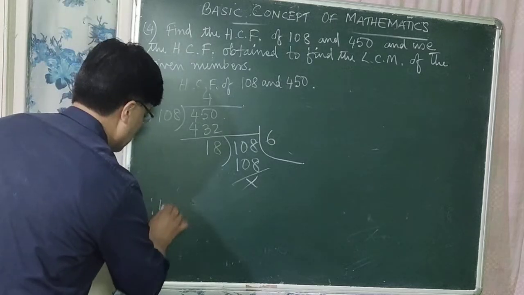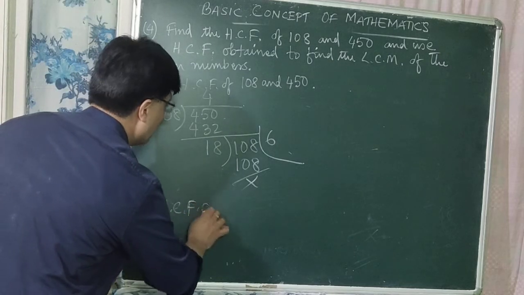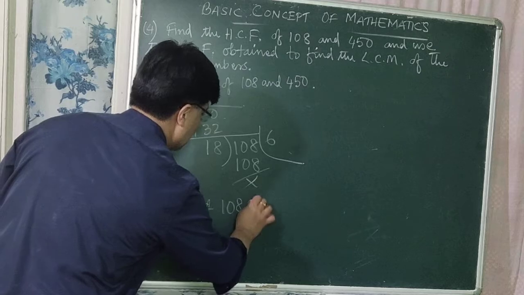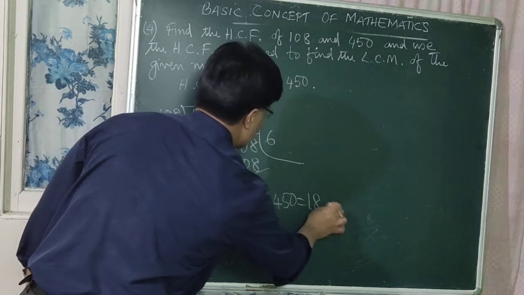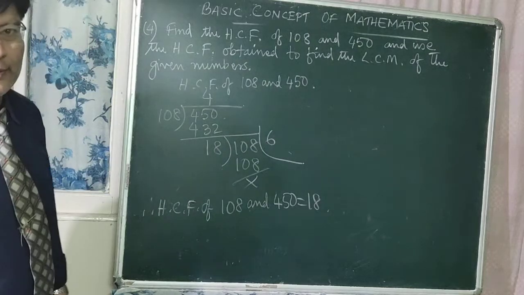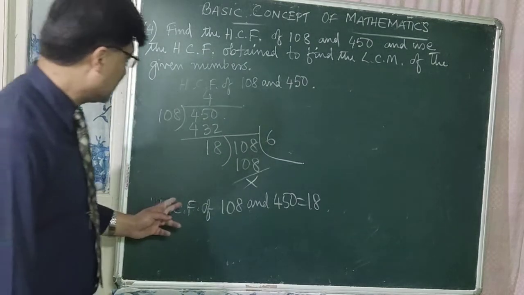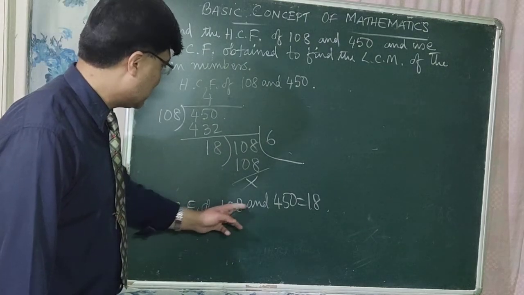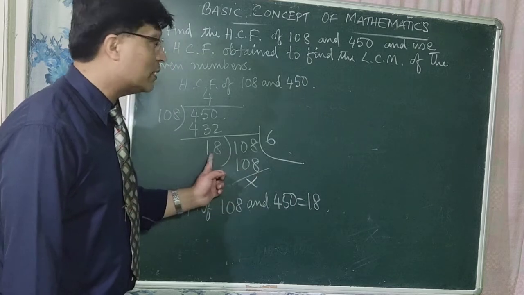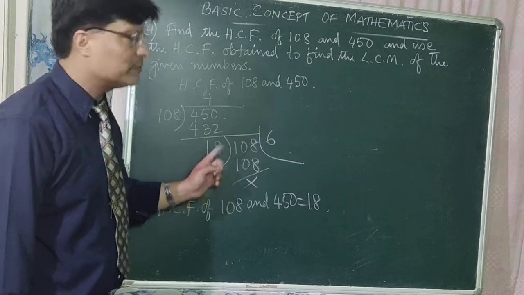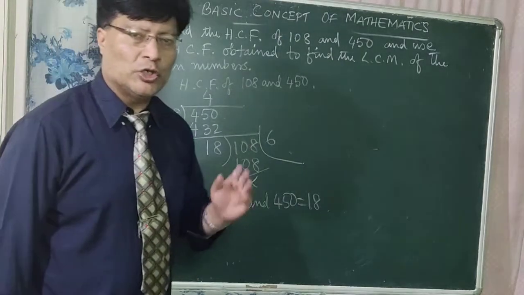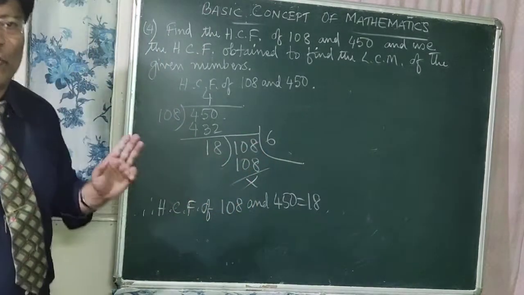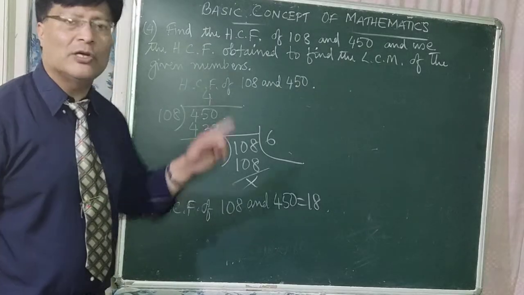So write down: HCF of 108 and 450 is equal to what? 18. Is that clear now? HCF of 108 and 450 is equal to 18. Understood?